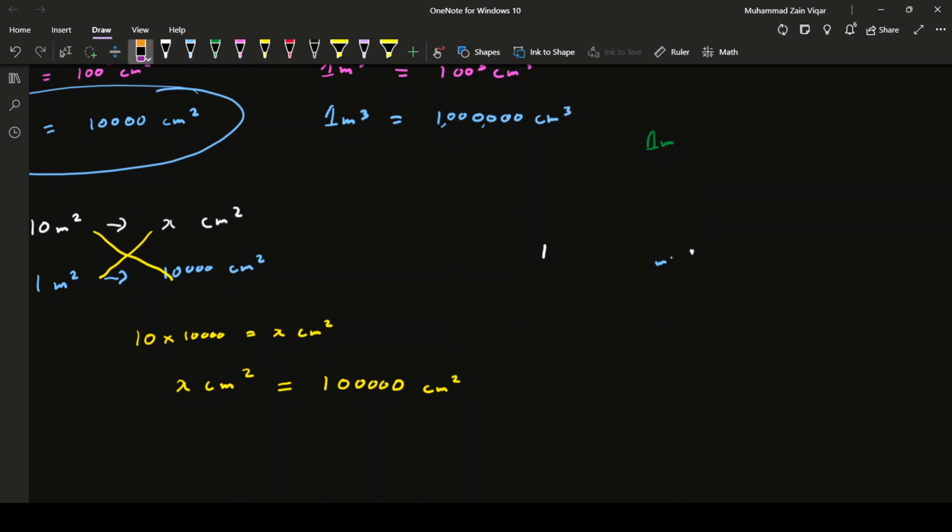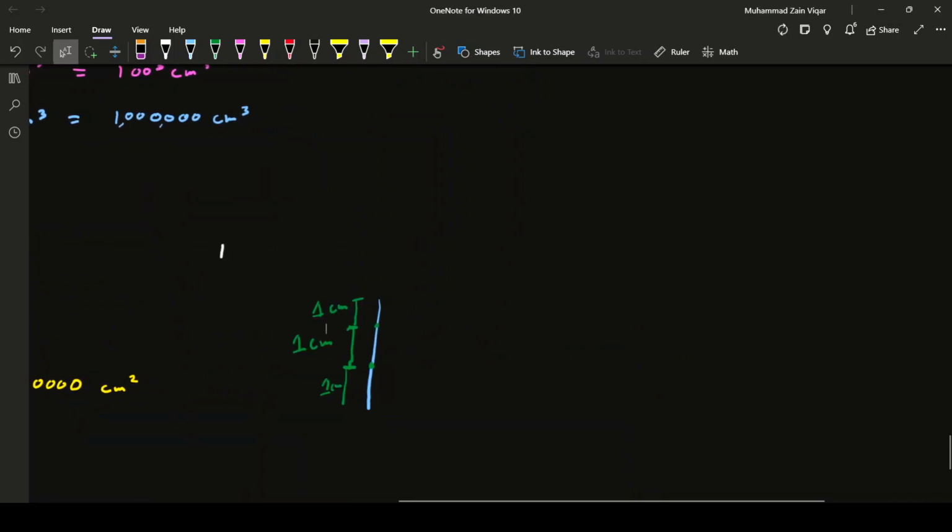Let's say that I have a line with me, this is a line, and this is equal to, let's say, 3 centimeters. This is 1 centimeter, and this is another centimeter, and then this is another centimeter. This is just what there is in a straight line.